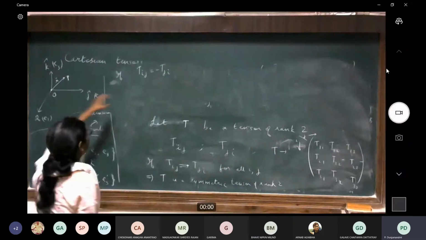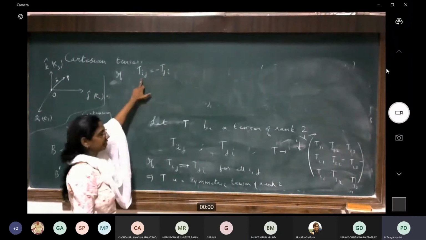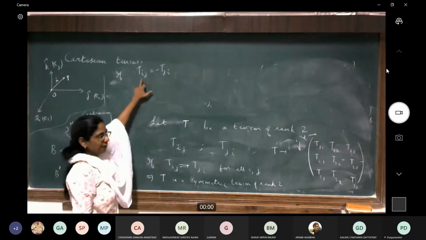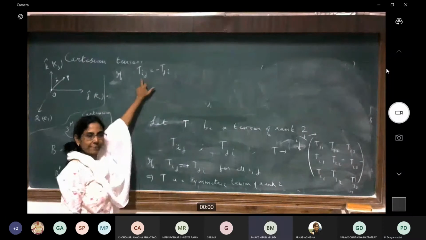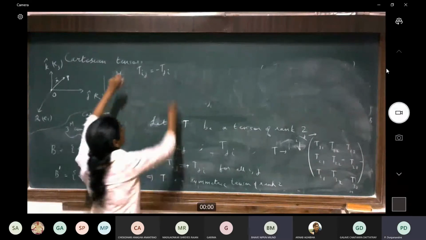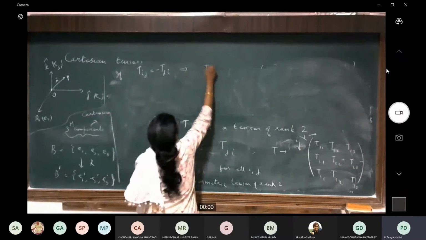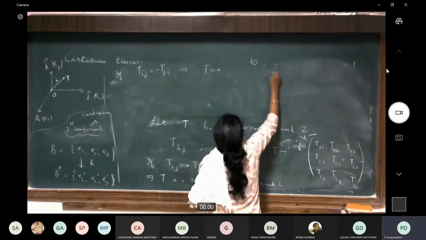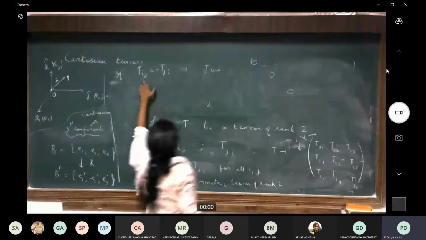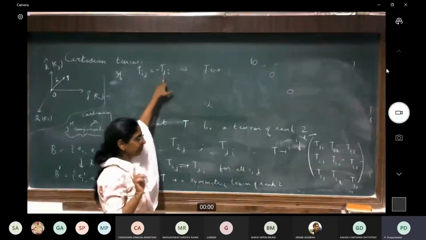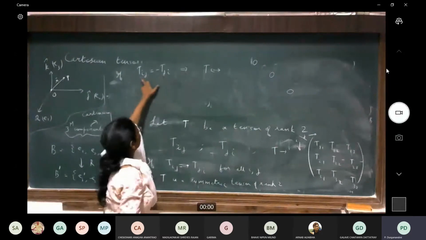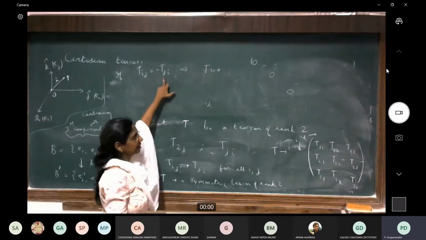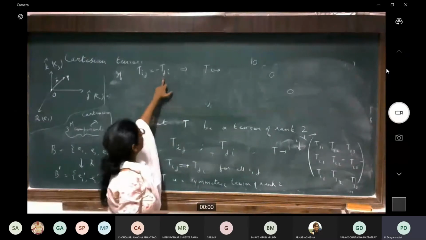And further, what this immediately tells you is what can be T11 in this case? 0. So what this tells you is that your matrix T must be of this form. 0, because all the diagonal elements must be 0. If T11 is equal to minus T11, please remember we are talking real elements, then it tells me that it must be 0.